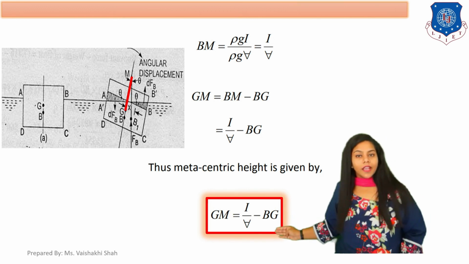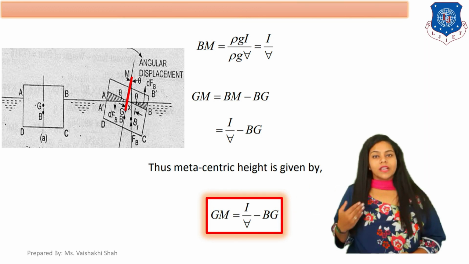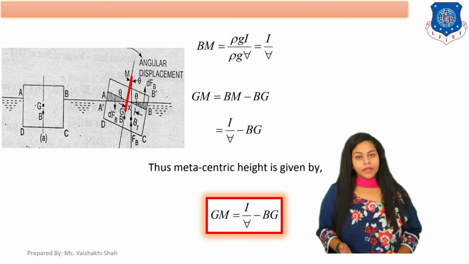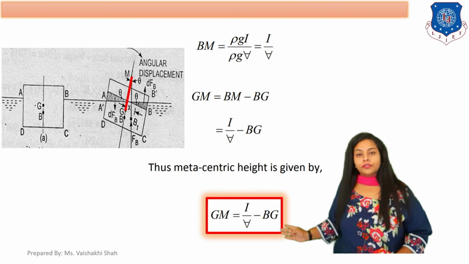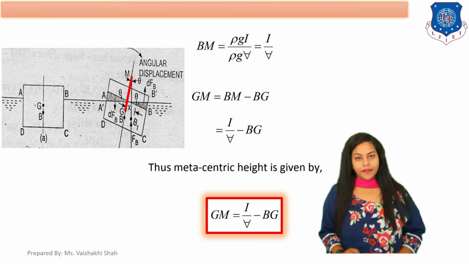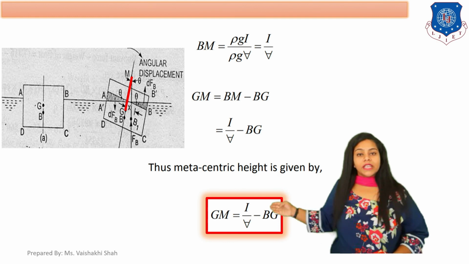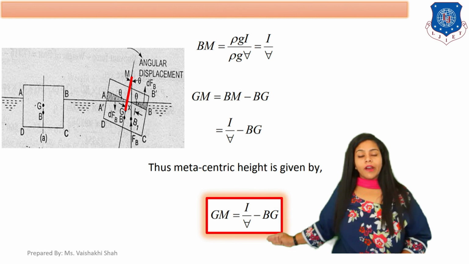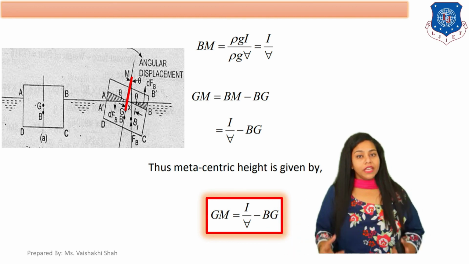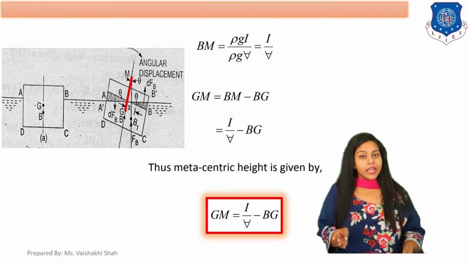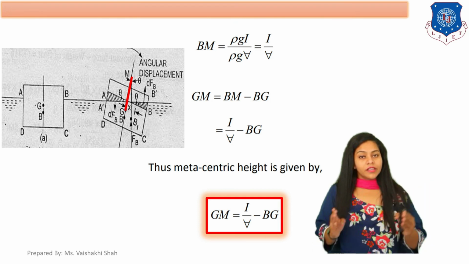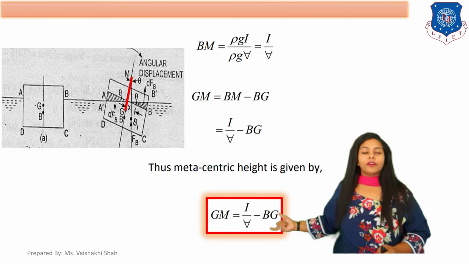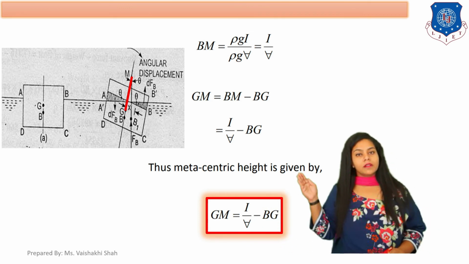By using this equation you can find the metacentric height for your given body. In most examples we use this equation, so remember GM equals I by V minus BG. We already studied moment of inertia of different shapes like triangle, circle and rectangle, and you have to remember all those equations again for solving examples of the chapter on buoyancy.